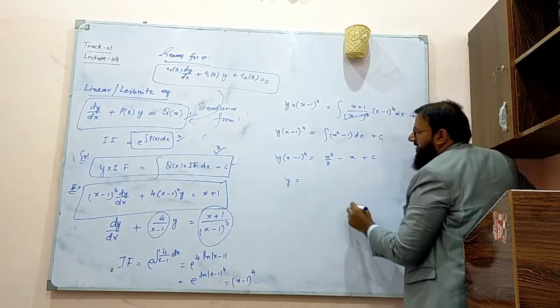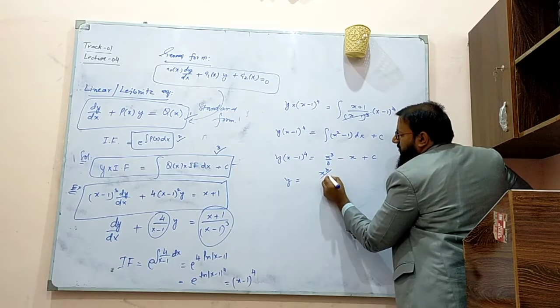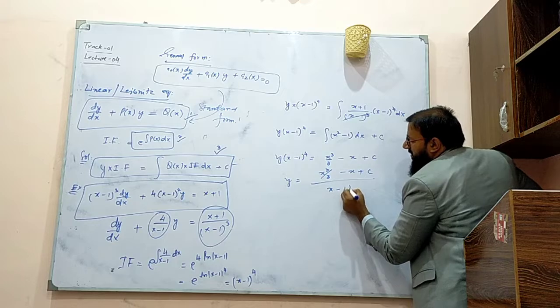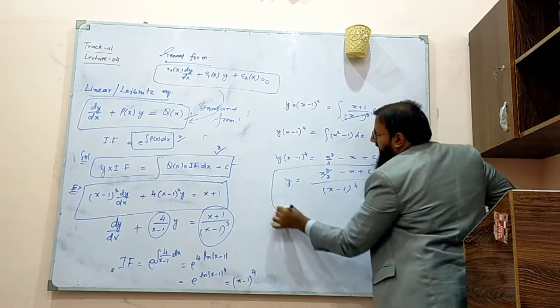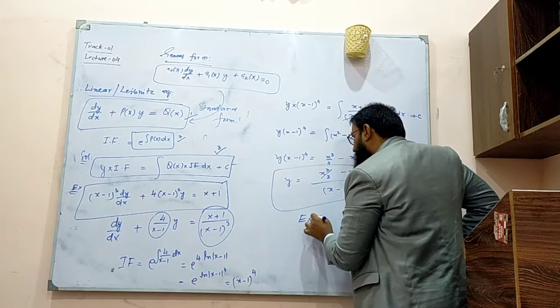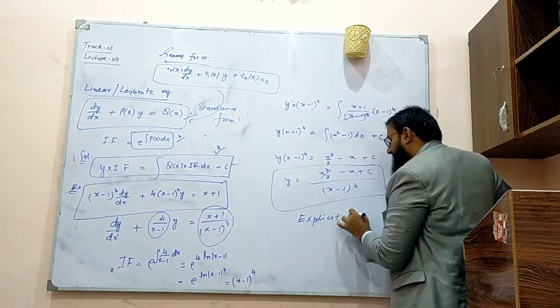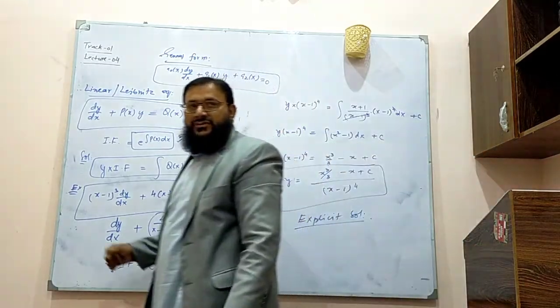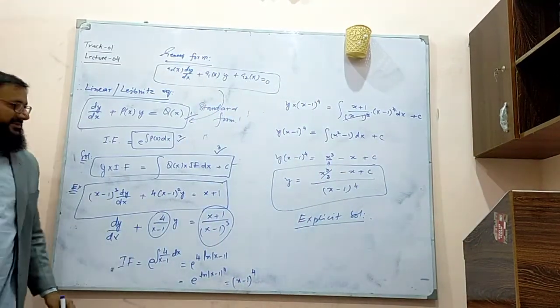Then the solution to your differential equation is y equals (x cube upon 3 minus x plus c) divided by (x minus 1) whole power 4. And after a linear equation, you always get an explicit solution. If you have a linear equation, you always get some explicit solution for that.